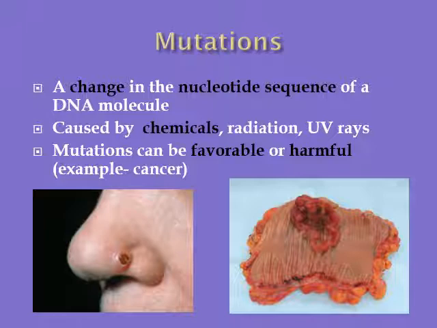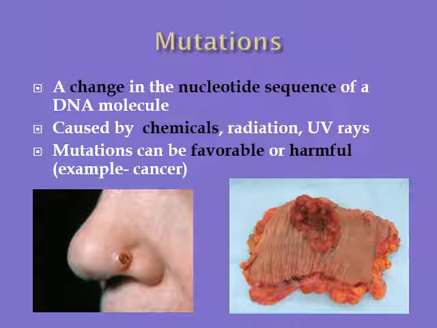Now, it's important to note that mutations don't always have to be bad. Sometimes mutations can be favorable or they can be good. For example, a mutation might give a rabbit a different fur color that helps it blend in more. That would be a good mutation because it's going to be able to hide from predators more than rabbits that have a different fur color.